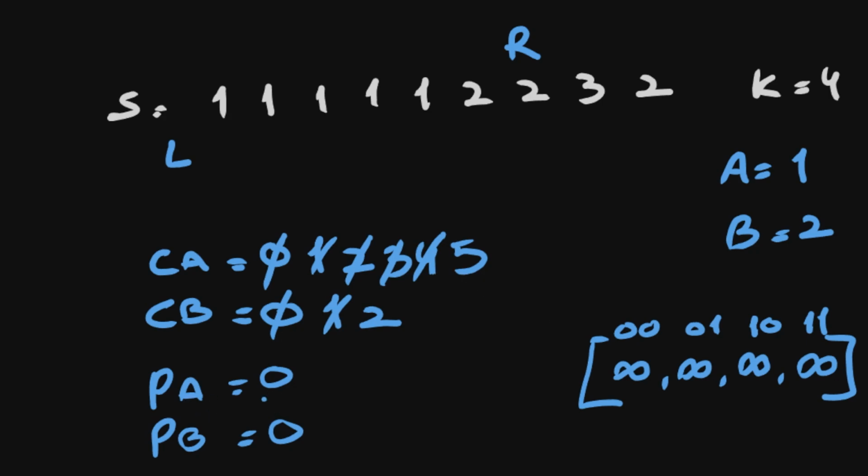So now previous A is 0 and previous B is 0. This means our current state is 0, 0. So here at index 0, 0 we store the minimum of this and PA minus PB, which is the difference up to this moment. So this is now 0. And next we update L. We have a 1, so we add at previous A a 1.